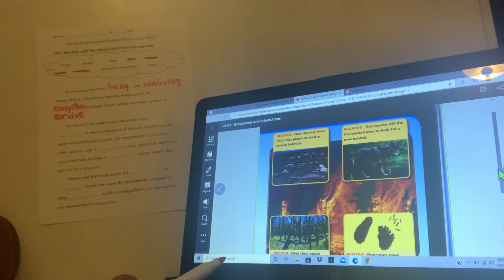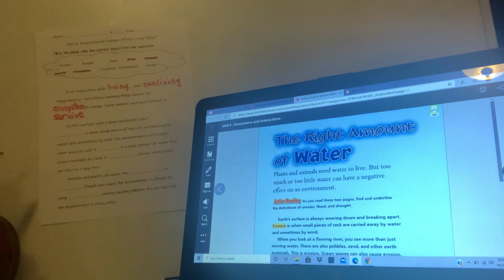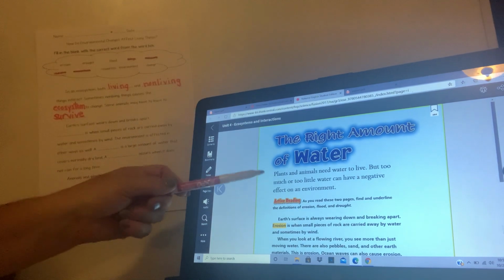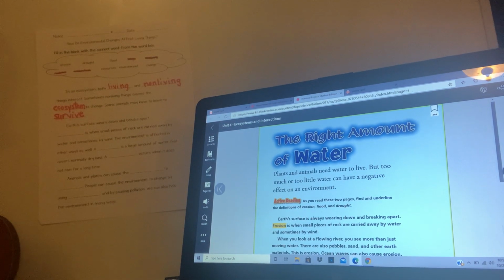All right, let's go on to the next page because I have a new paragraph here, and it's going to be all about the right amount of water. It says, plants and animals need water to live, but too much or too little water can have a negative effect on an environment.